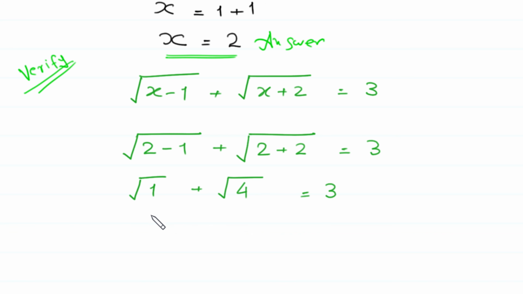And square root of 1 is 1 plus square root of 4 is 2 is equal to 3. And 1 plus 2, 3 is equal to 3. You can see that the left hand side is equal to the right hand side. So it is proved that the value of x 2 is correct.